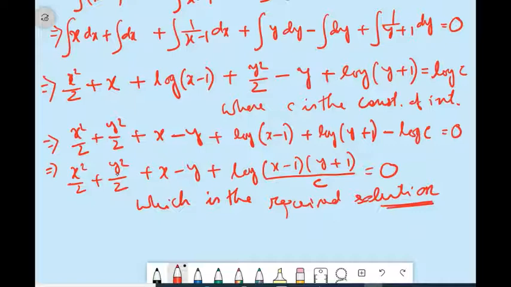Or what we can make here, after integration we have x² by 2 plus x plus log of (x − 1), y² by 2 minus y plus log of (y + 1). Instead of writing the log c on the right hand side, we can write it on the left hand side also. I'll show you from here.